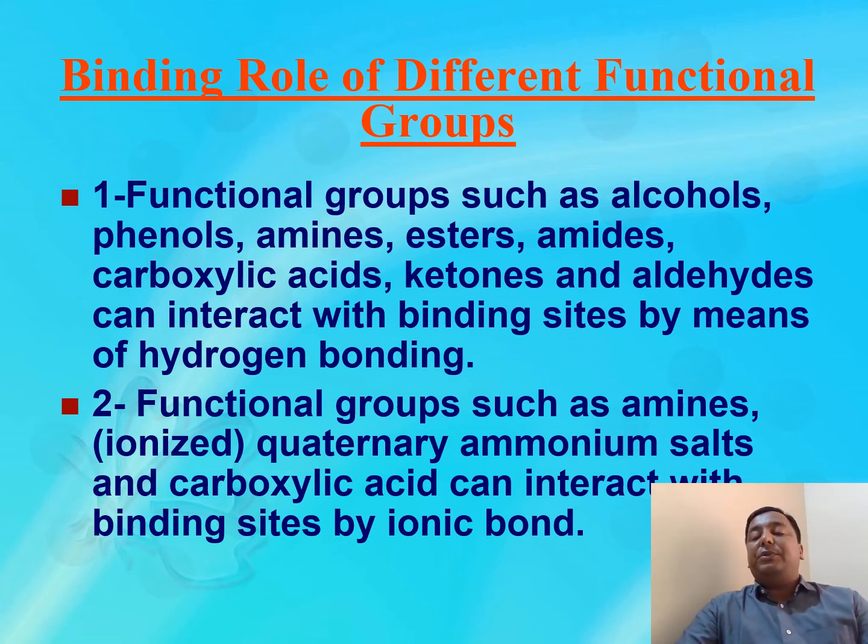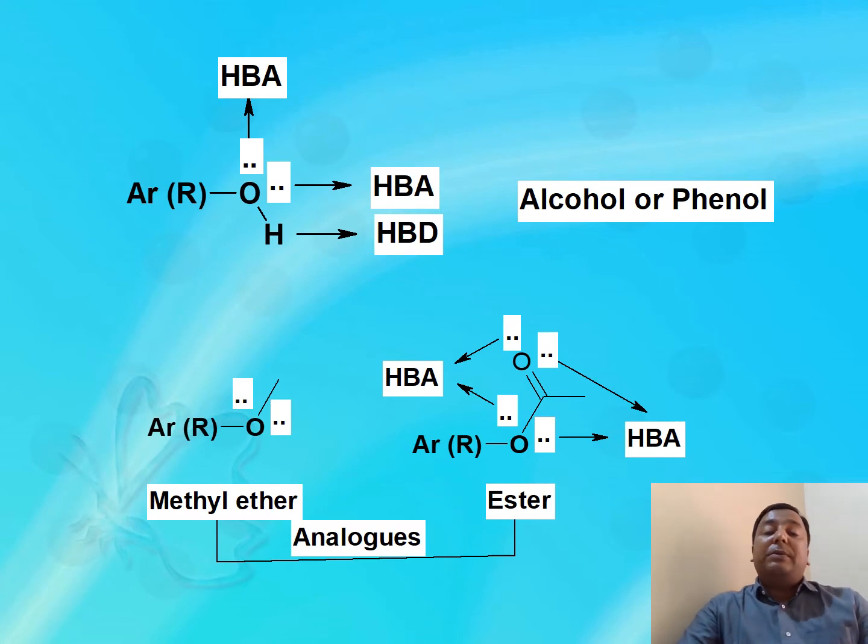And the second approach is compounds which have functional groups such as amine in ionized form, quaternary ammonium salts and carboxylic acids, which can interact in the binding sites, but it will be a kind of ionic bond. So here you can see the hydrogen bond acceptor atoms.